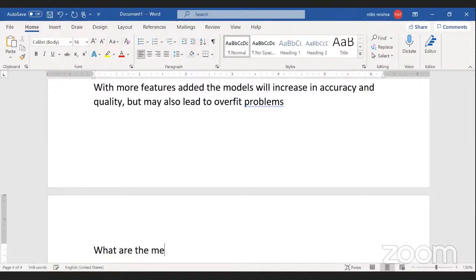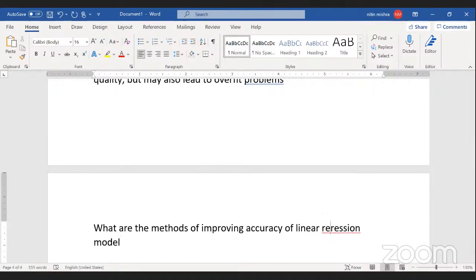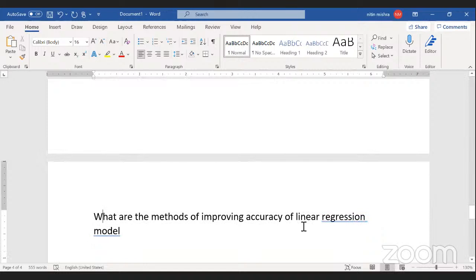All right, what are the methods of improving the model?